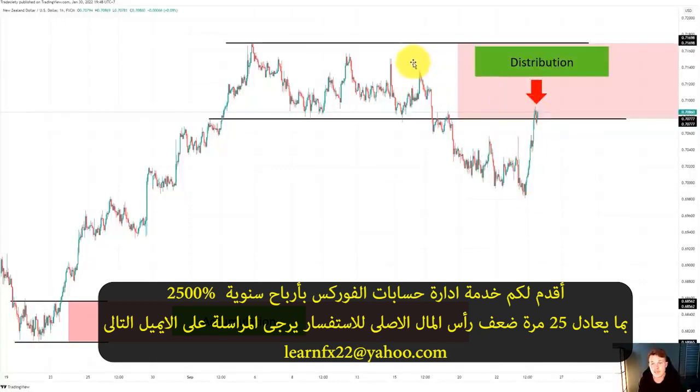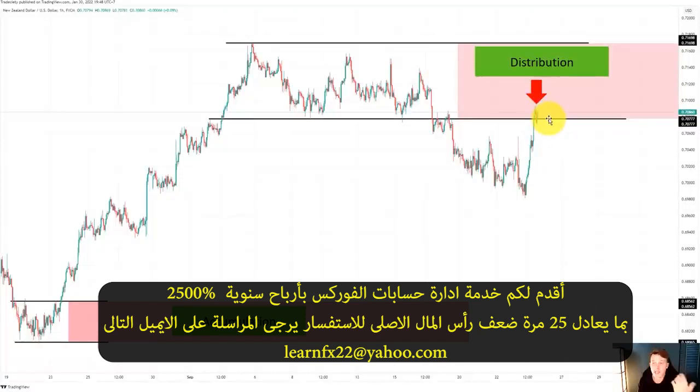This has to be the case because only then will we get the formation of lower lows and lower highs. So you can see, whereas here we have the top of the previous uptrend, now we are looking at a potential wave 2, and the highest point of wave 2 has to be lower than the initial reversal point.